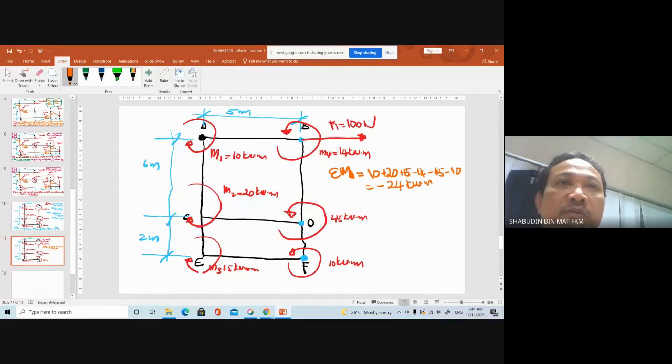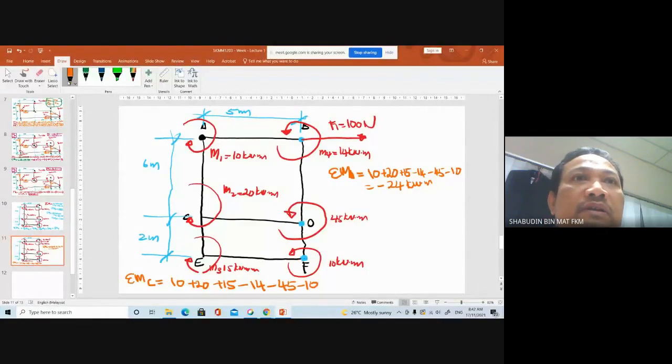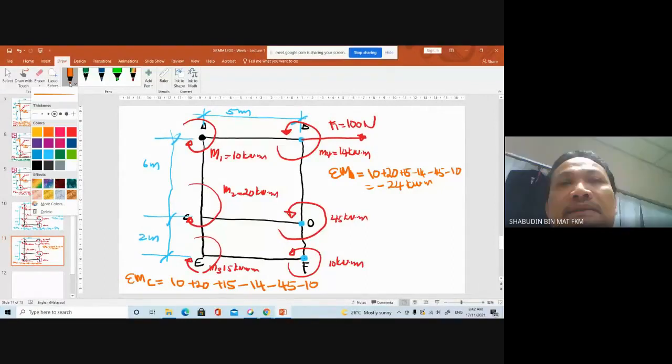But if you do moment at point C, summation of moment at point C equals 10 plus 20 plus 15 minus 14 minus 45 minus 10. What are the elements that you should add on if you're taking moment at point C now? Tell me.